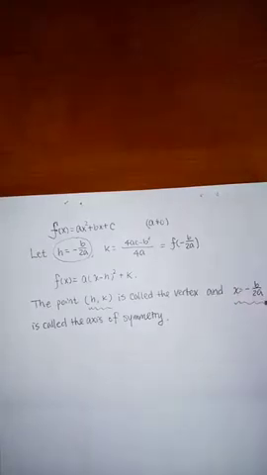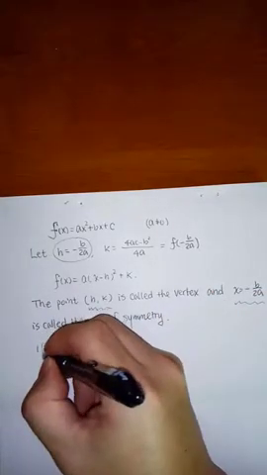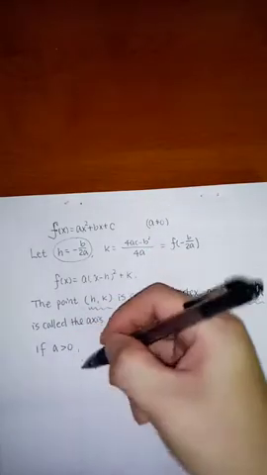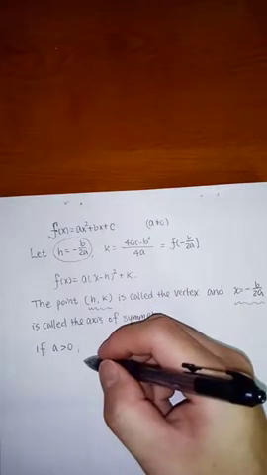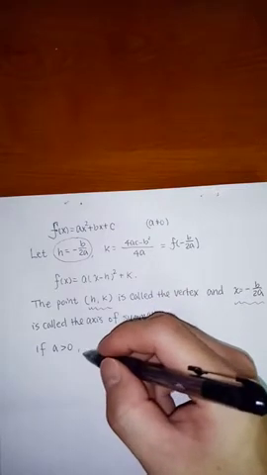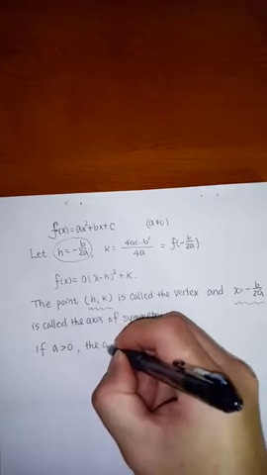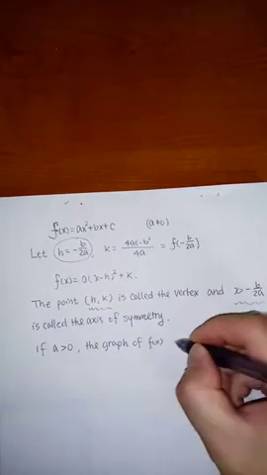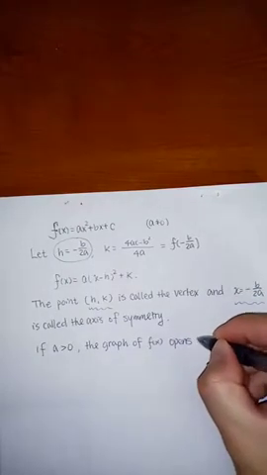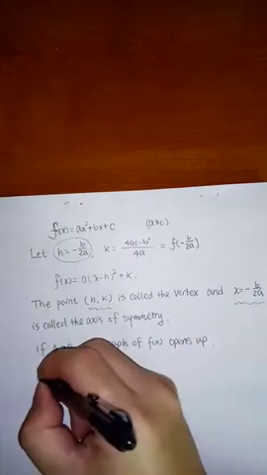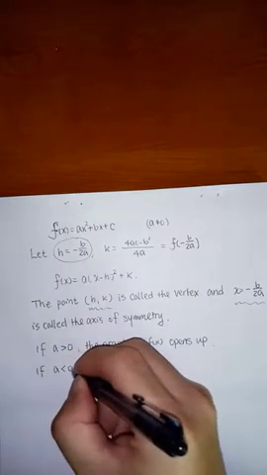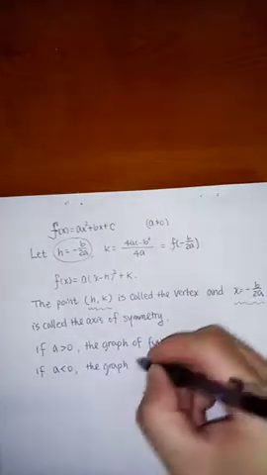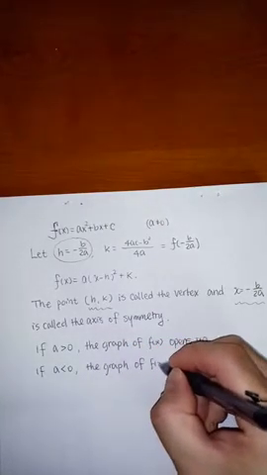And if a, the coefficient of x squared, is positive, the graph of this quadratic polynomial opens up. If a is negative, the graph of the quadratic polynomial opens down.